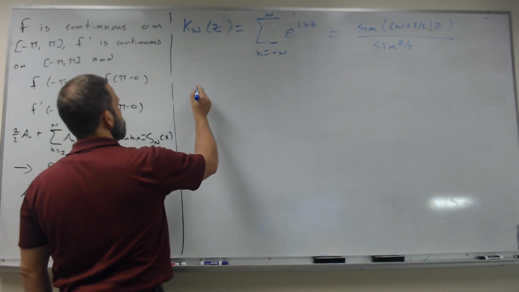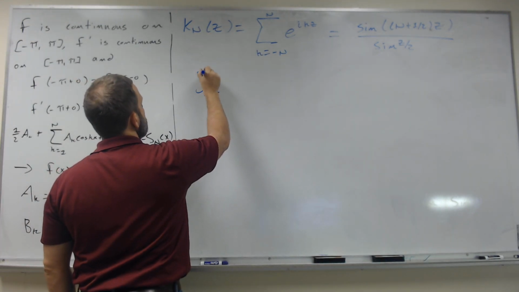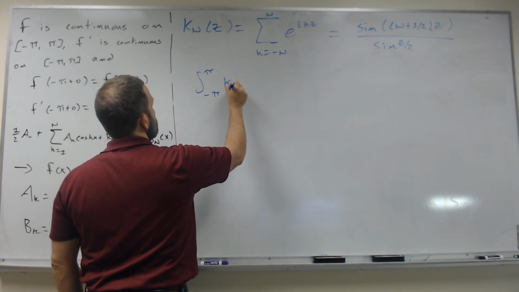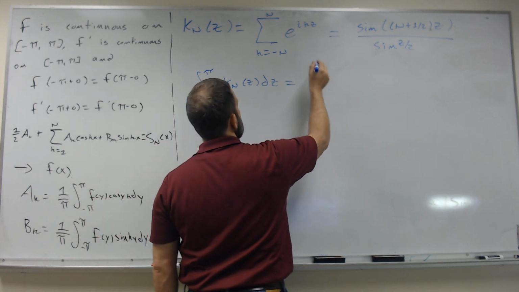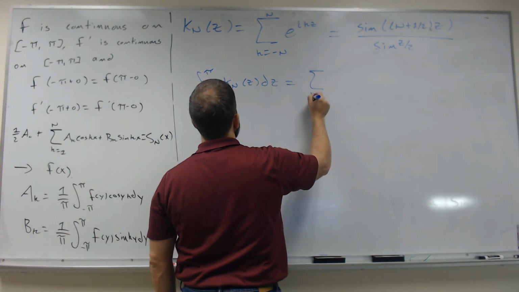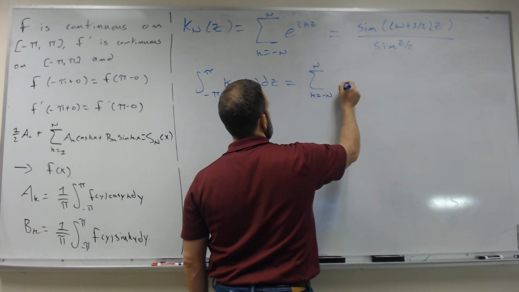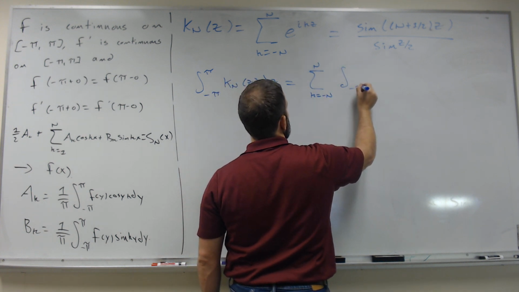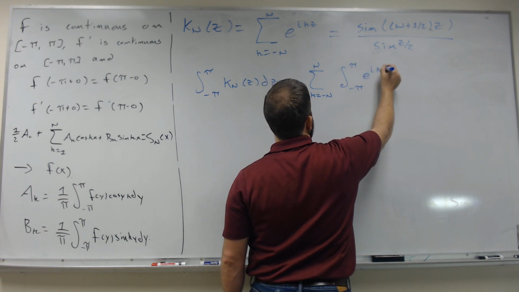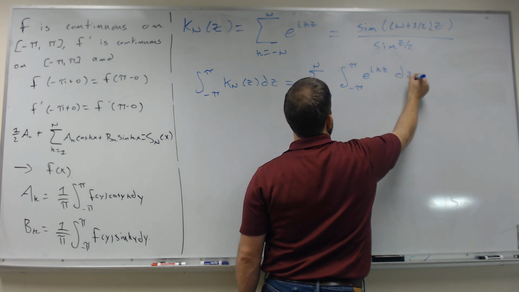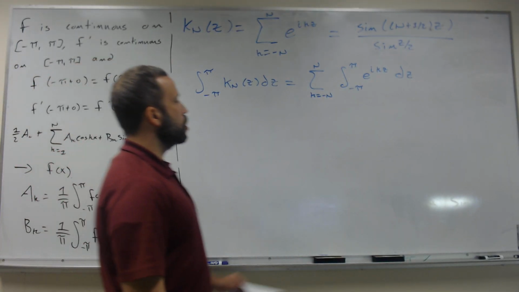And two, if I look at the integral from minus pi to pi of Kn of z, what am I going to get? This is going to be equal to the sum, k equals minus n to n, of the integral from minus pi to pi of e to the ikz dz.